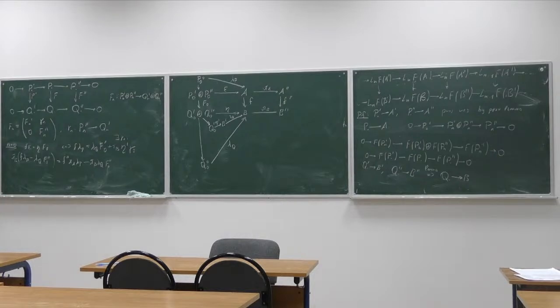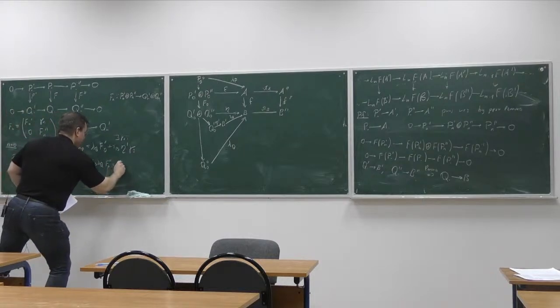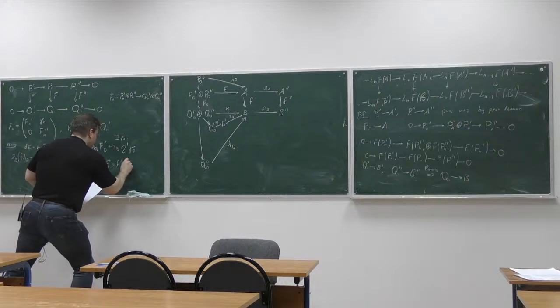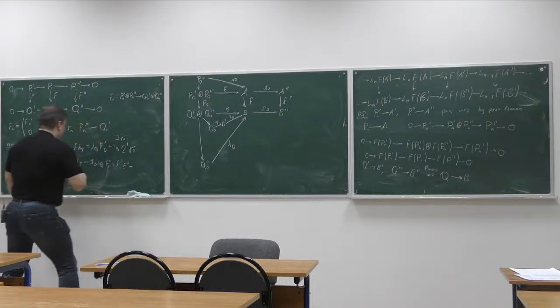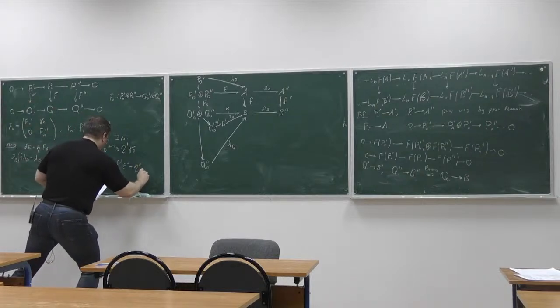Okay, now next step, this is f double prime. Now the composition of the pi and lambda gives me epsilon double prime. And the composition of pi and lambda q gives me the eta double prime. So f0 double prime.